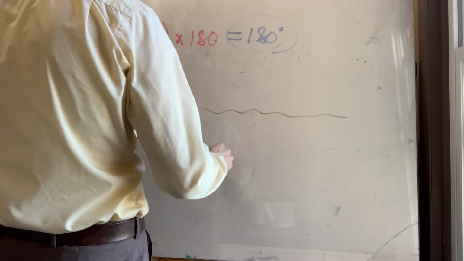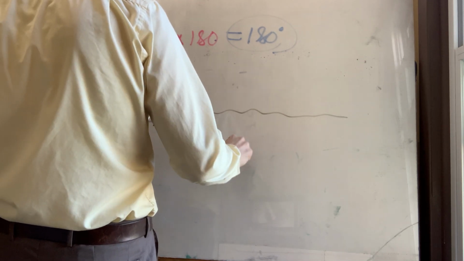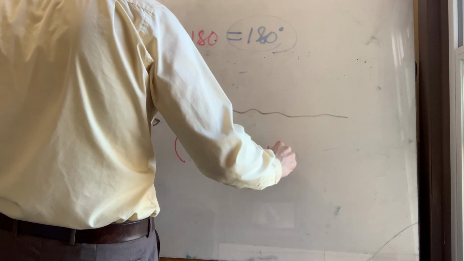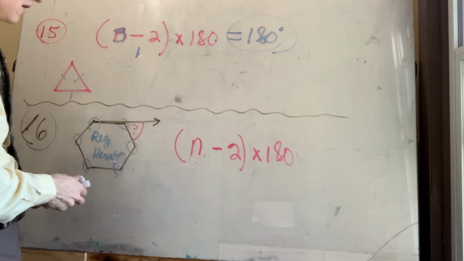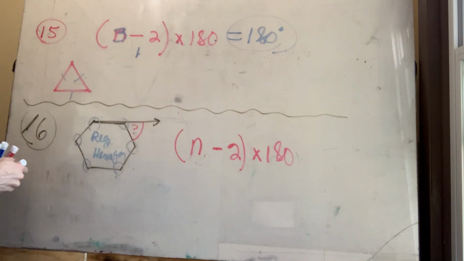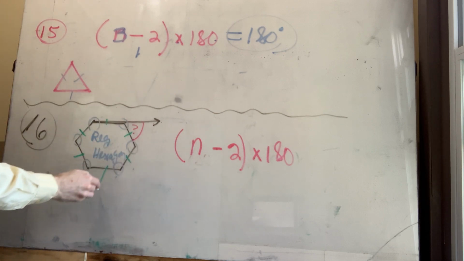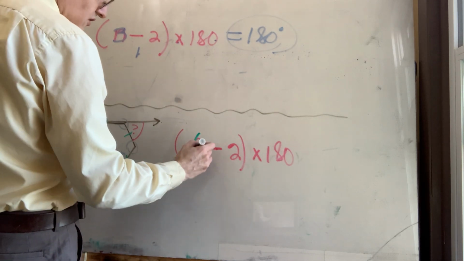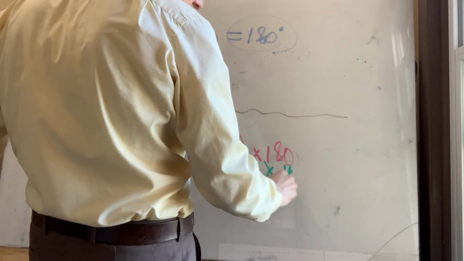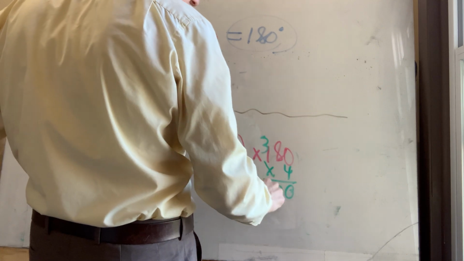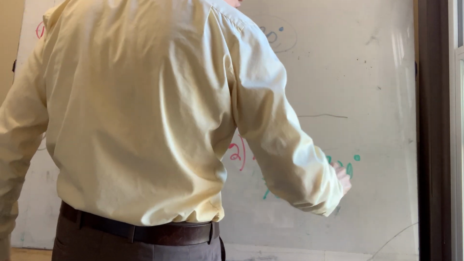You could use this for something that is not regular, but you need to take the fact that it is a regular hexagon into consideration. All right, how many sides does it have? 1, 2, 3, 4, 5, 6 if it's a hexagon, right? So you have 6 for the number of sides. 6 minus 2 is 4. 4 times 180 is what? 720 degrees total.